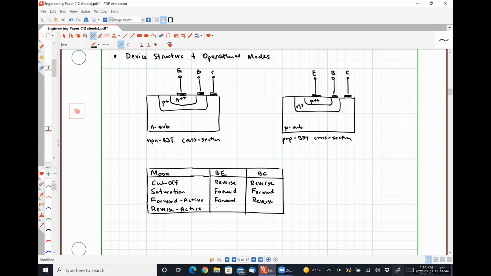Our reverse active region is literally the opposite. So forward active region operation is what is used in BJT-based amplifier circuits. So Class A, Class B, Class AB, Class D amplifiers are all reliant on BJTs operating in this forward active mode. Reverse active mode is effectively the same thing, but much worse because it's passing current in the wrong direction, right?